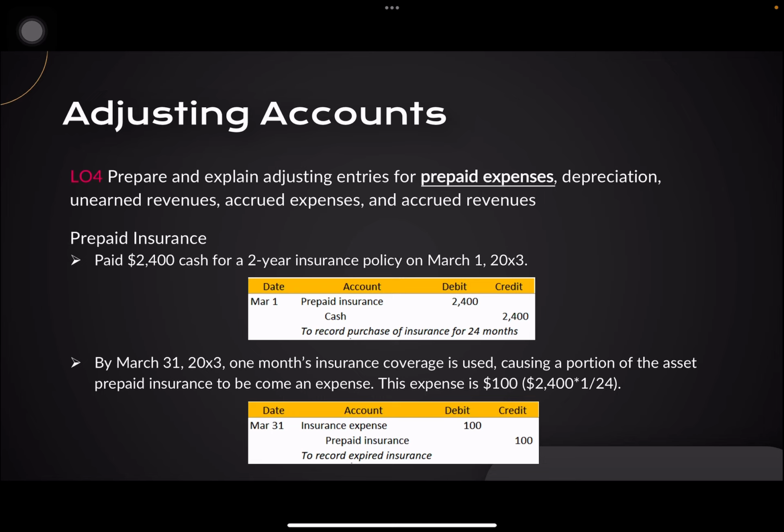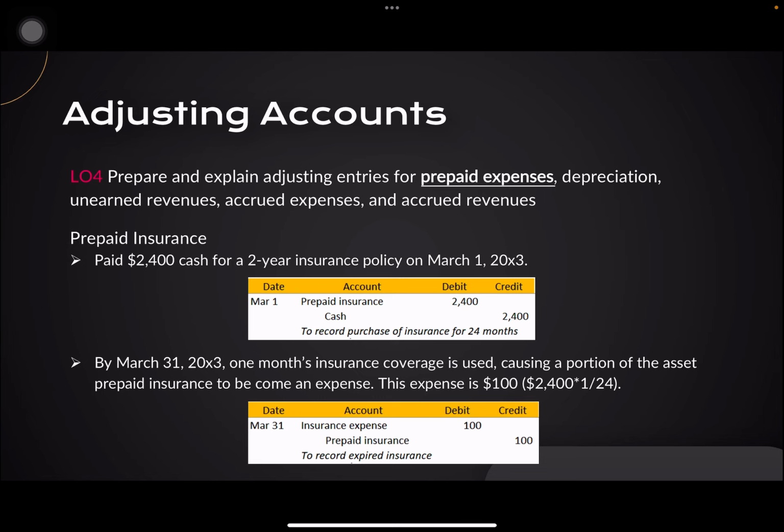So again, the first step of the accounting cycle is to always analyze the transaction. When we analyze this, we ask ourselves, is this a financial transaction or a non-financial transaction? Reading this transaction, it seems like this is a financial transaction because of the following events.